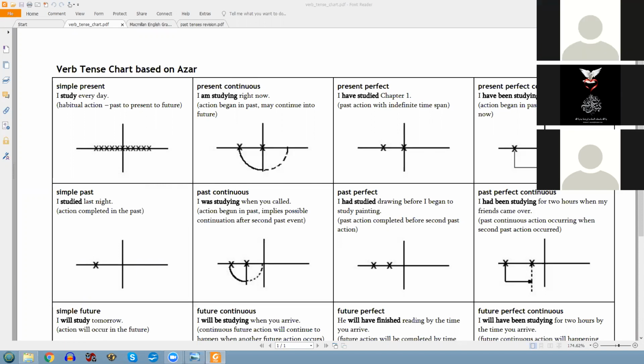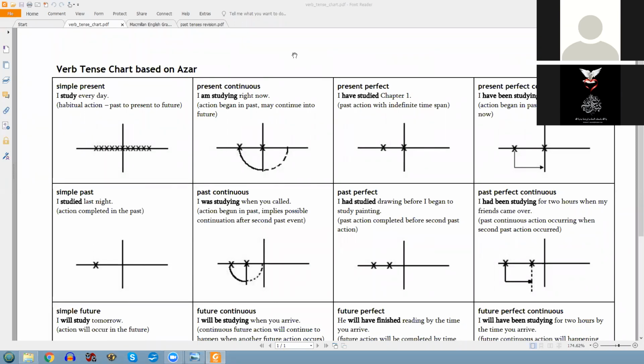Turn this off. So one reason why I thought we would use this chart is, I know for lots of people it can be confusing just knowing the form, have plus verb plus ing, and I think for a lot of people it's easier to have a picture of a tense.